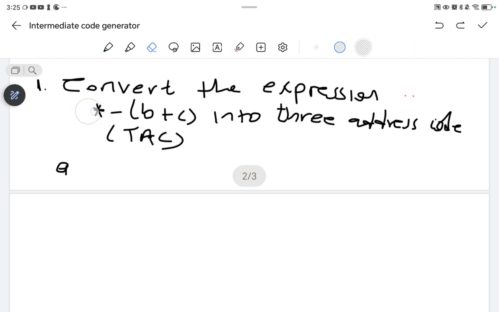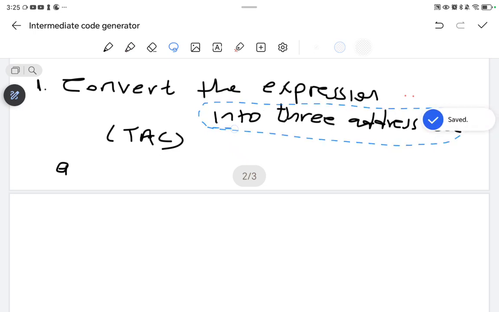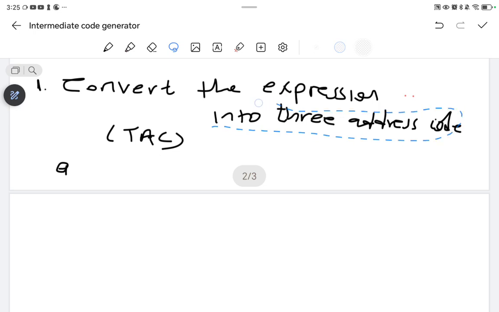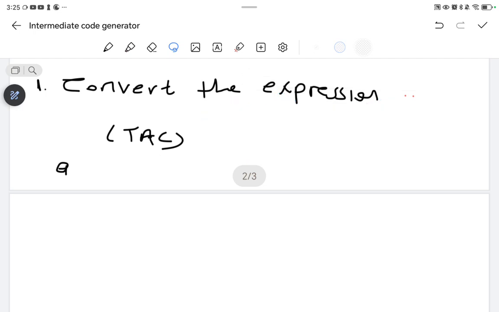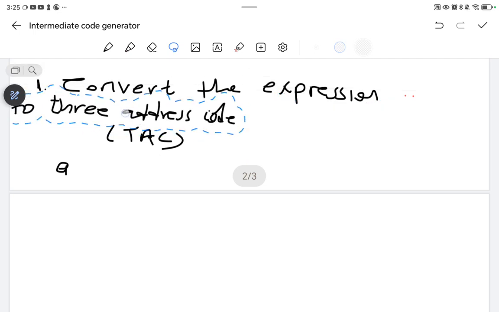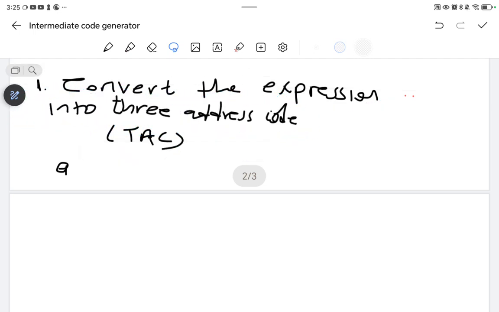Let me write this: a star minus b plus c.